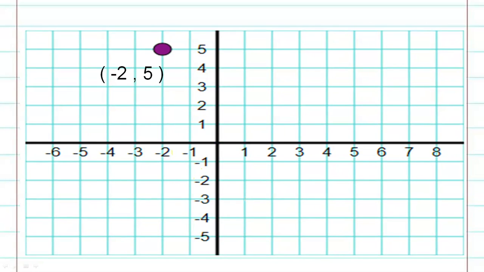Find out this one. So how do you have to look at it? First you have to move towards the x-axis, that is -2. Okay. Now I am moving towards my y-axis, that is 5. This is quadrant 2, and I know in quadrant 2 the first number has the negative sign while the next number is positive, because the y-axis has the positive numbers.